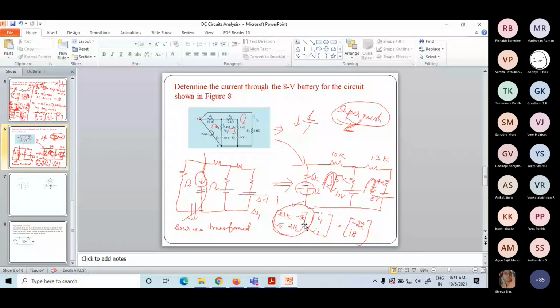Any mutual resistance will be a negative value. Why? Because we are going for a clockwise direction for all the loops. So the common element will have one current in the same direction, the other current in the opposite direction. So definitely it will be a difference between those two values. So you will get a negative value for that.